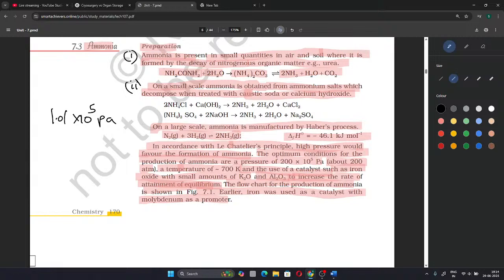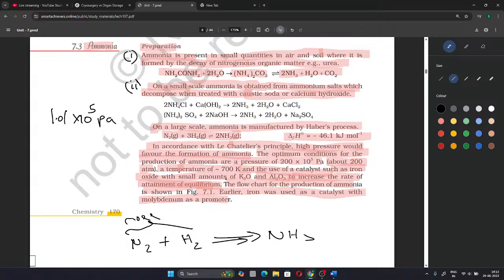On a large scale, it is Haber's process, where the formation enthalpy is minus 46.1 kilojoule per mole, and with Le-Chatelier's principle, the more pressure on the left hand side of the equation, basically N2 plus H2 gives ammonia, the more the reaction will go in the forward direction. So a pressure of approximately 200 atmosphere is used, and a temperature of 773 Kelvin, and a catalyst of iron oxide with small amounts of potassium oxide and aluminium oxide is used to increase the rate of attainment of equilibrium.